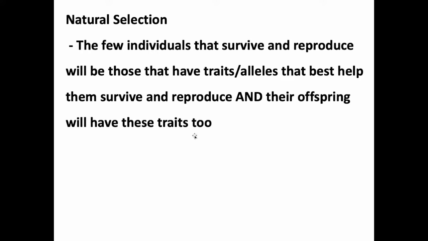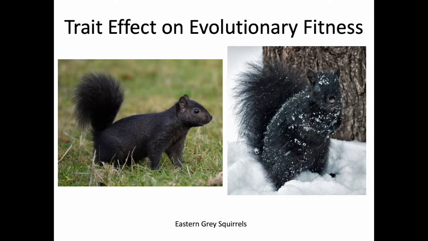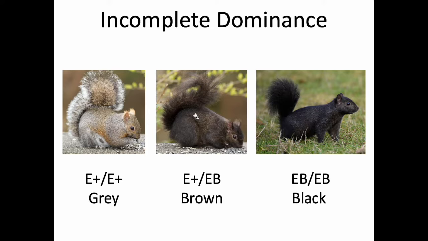So you could initially have just one brown squirrel because there was a mutation that created this allele in this squirrel. You could have one of these, but because this darker fur coat aids in survival and reproduction in very cold climates, this squirrel is going to survive and reproduce a little bit better than anything else.